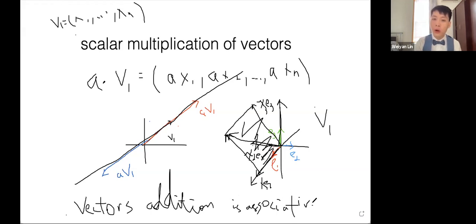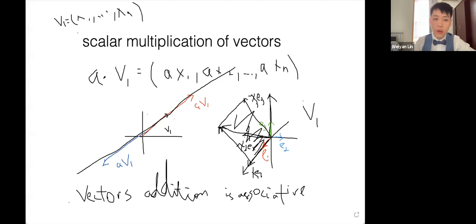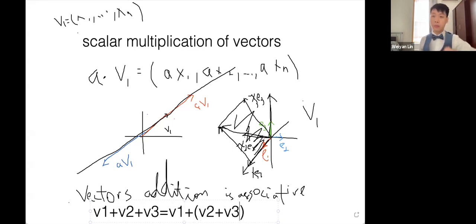So the order of adding vectors doesn't make any difference. To write it down, you have V1 plus V2 plus V3: you add V2 and V3 first, and then you add them back to V1.